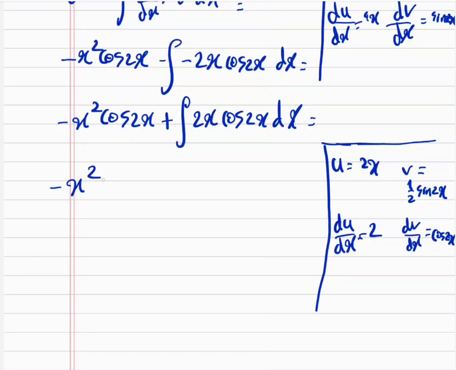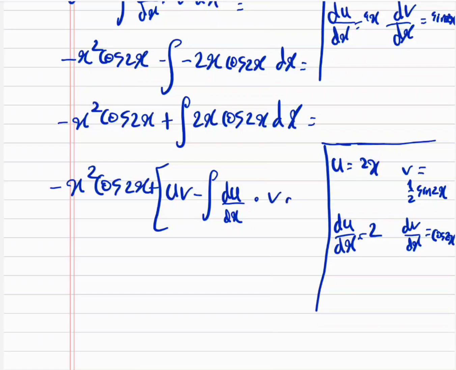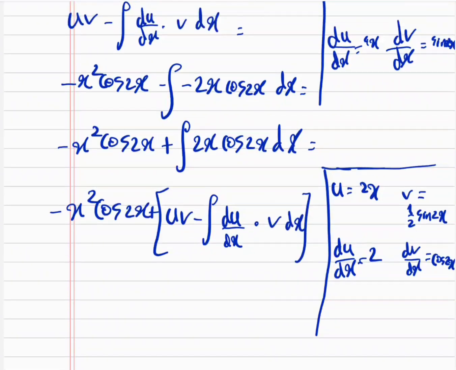Now we are going to substitute everything. Remember that we have this minus x squared cos 2x, and then for the second integral, we substitute the formula of integration by parts first, and then substitute each of these components into the formula, so it's du by dx times v dx.